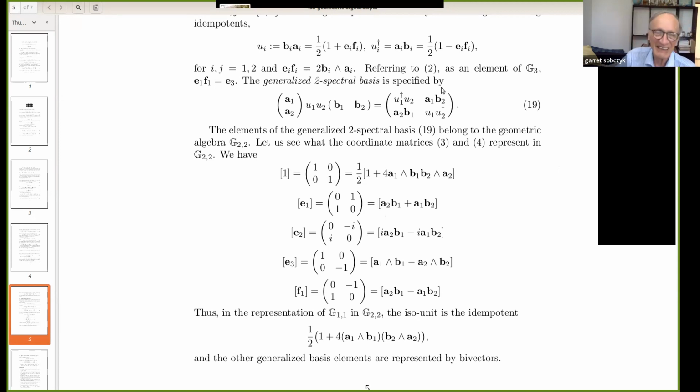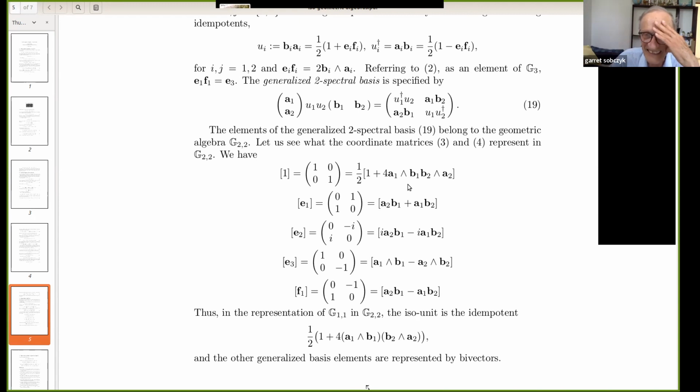So that's rather strange. But when you speak about the representation here, you are thinking the representation where? In the iso space or in the standard space?